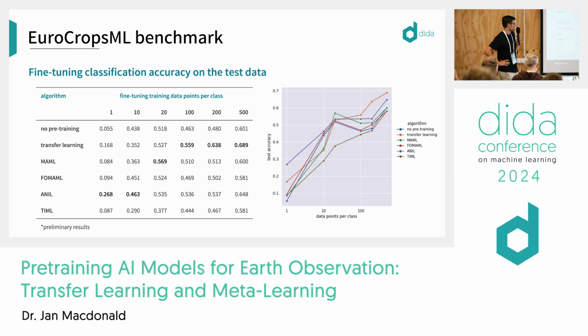And what we can observe so far is that generally doing any kind of pre-training does help. So there is knowledge transfer from Latvia to Estonia, but it's not so clear which of the methods is the best.